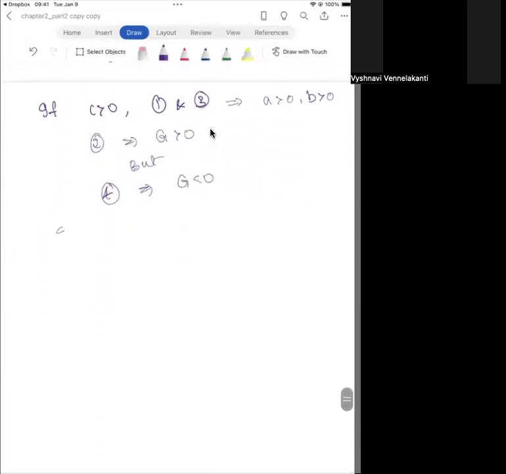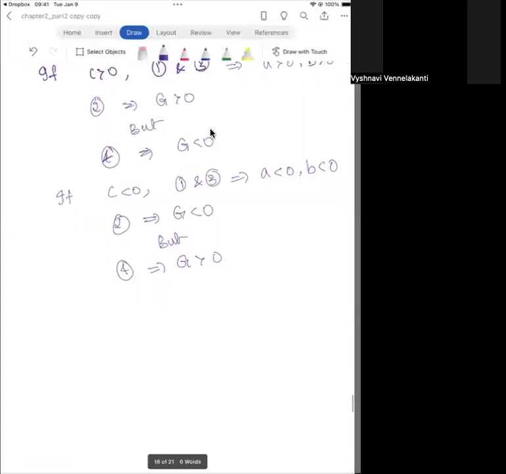And what happens if C is less than 0 is that equation 4 has a contradiction. So whether C is greater than 0 or less than 0, you're going to have a contradiction with G, right?